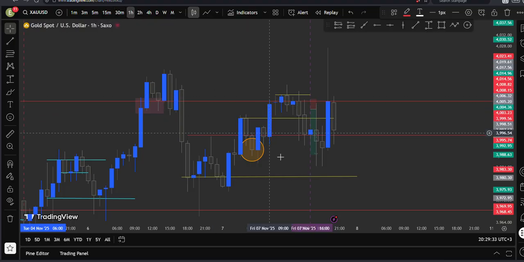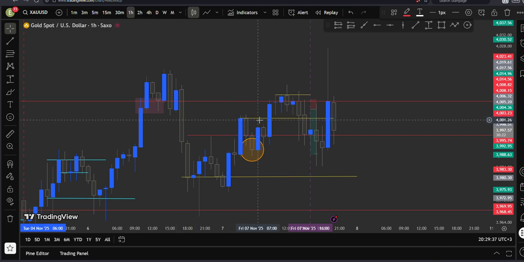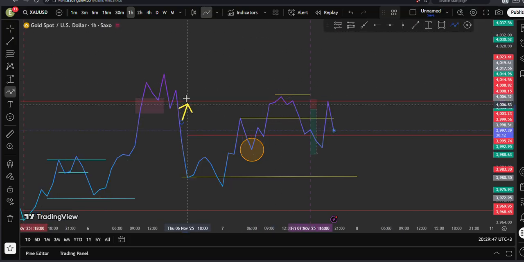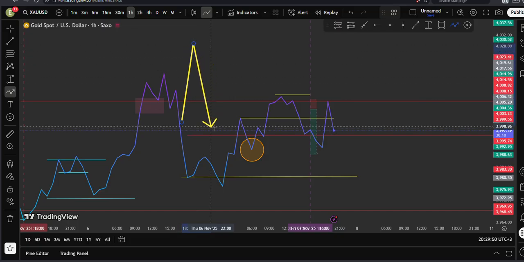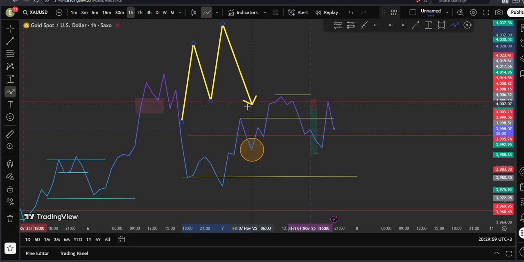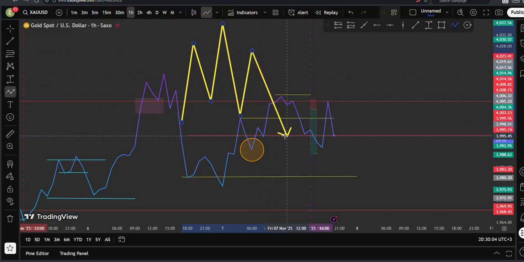So what I did, I saw this left shoulder here. I didn't take it. I marked it here. Here is my left shoulder, as you can see on the line chart. We are in an uptrend, the market comes and makes a choke, and then what is left here, this one, is a left shoulder.